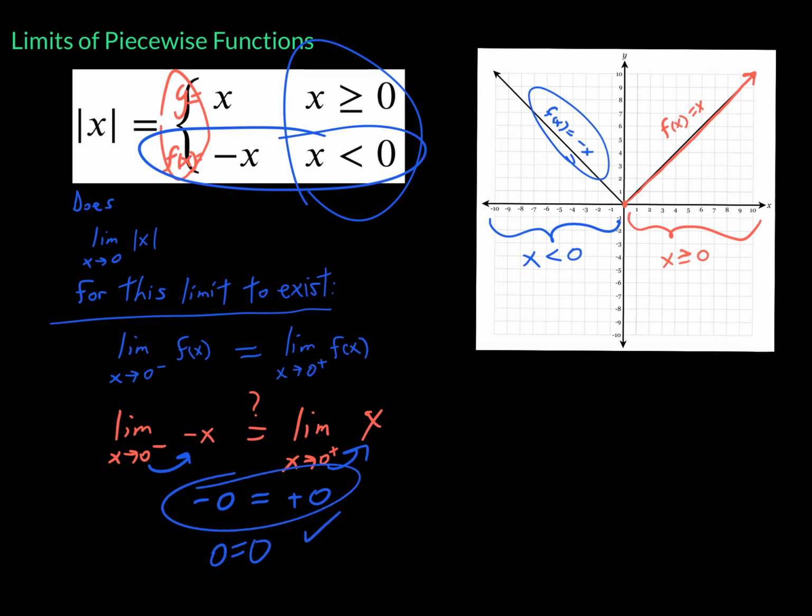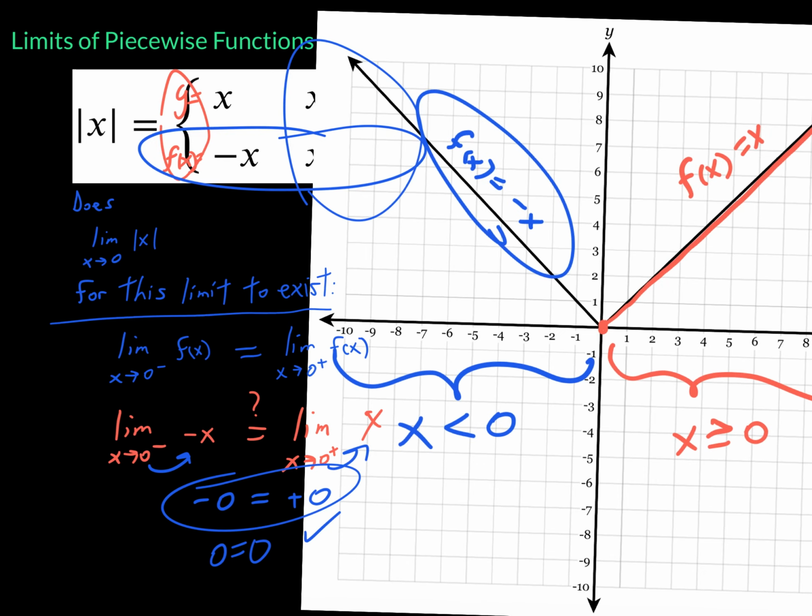The answer is yes, and it should make sense as we look at this graph, because as we are approaching x equals 0 from this side, our y values keep getting closer and closer to 0. And as we do the same thing on this side, approaching x equals 0 from the right, we are also approaching 0. Ta-da! Makes sense.